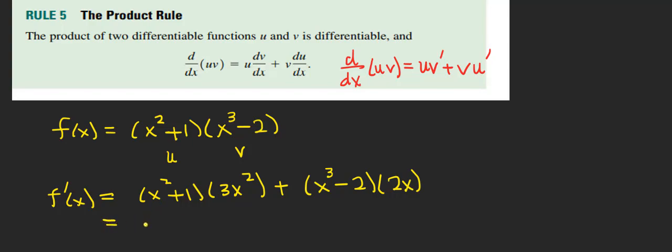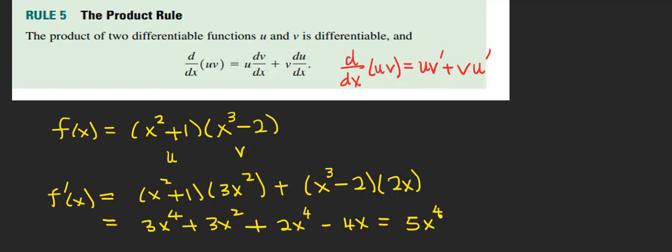Now you could clean it up using algebra 2. 3x to the fourth plus 3x squared plus 2x to the fourth minus 4x. You add up the like terms, you're going to get 5x to the fourth plus 3x squared minus 4x.